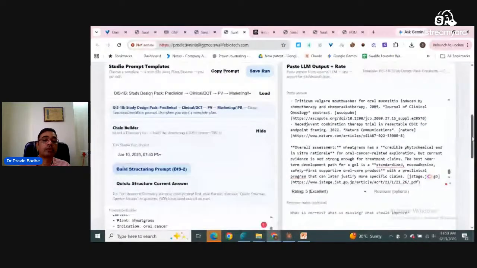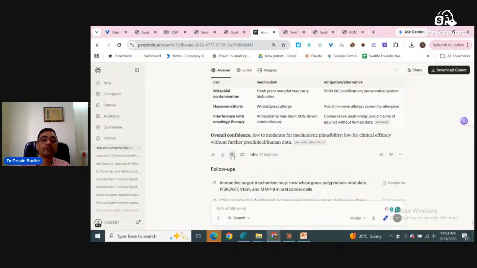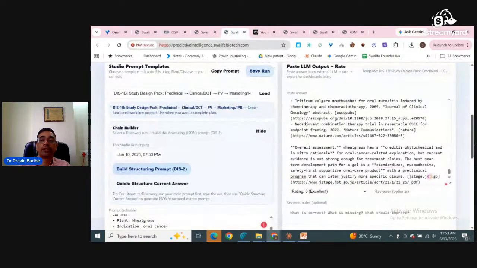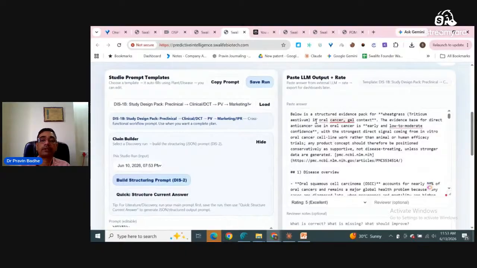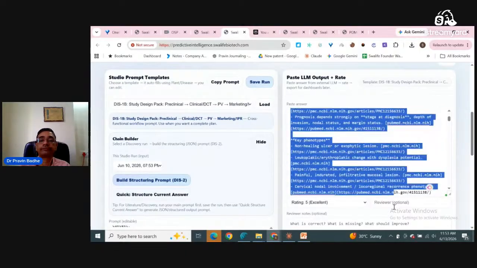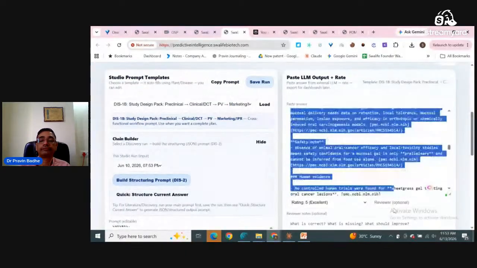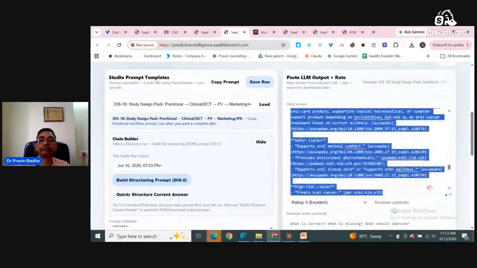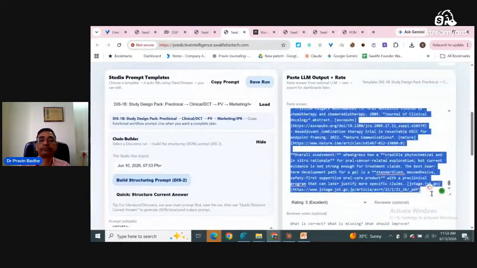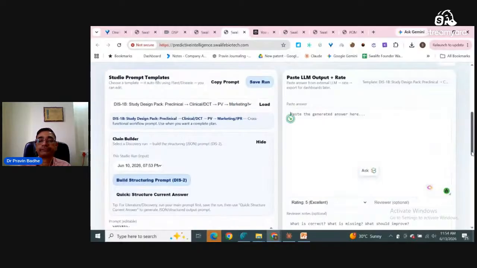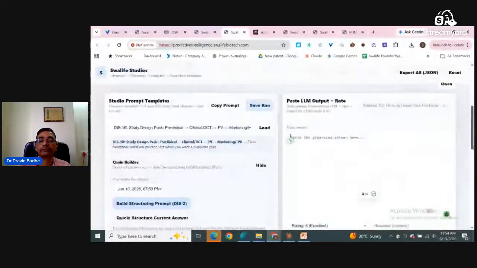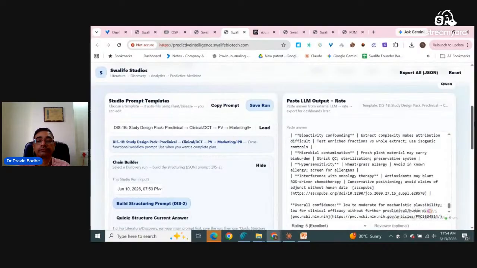Okay, but before going for the second, you have to build the DST. For that, you are going to use the information which you have got from the first one, which you will be copying from here, and you will be pasting it here, which will be save run.